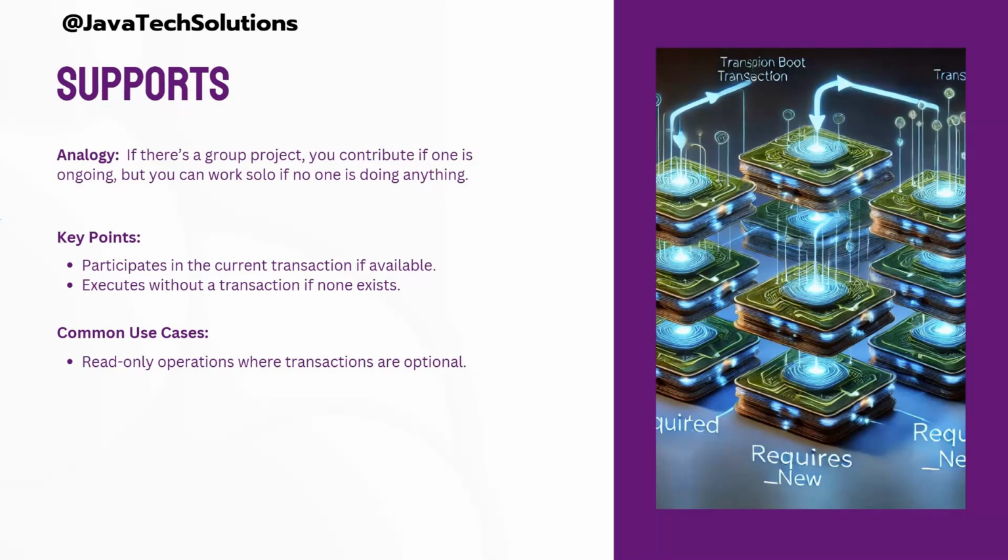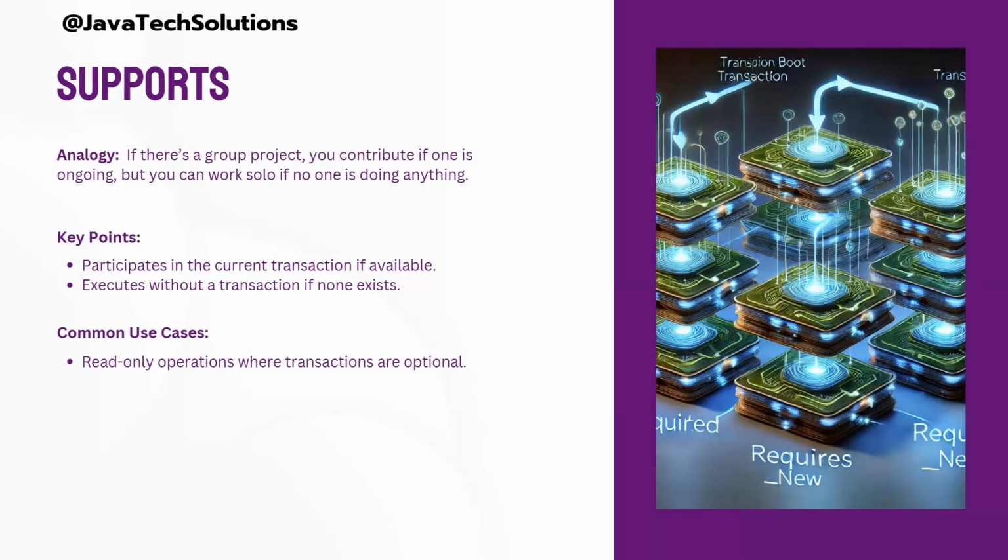It actually adapts to the transactional context in which it is invoked, and operates safely even if no transaction exists. And for the use case scenarios that I already mentioned, it is ideal for reading data that does not necessarily need a transaction, such as fetching static data or querying records without modifying them.